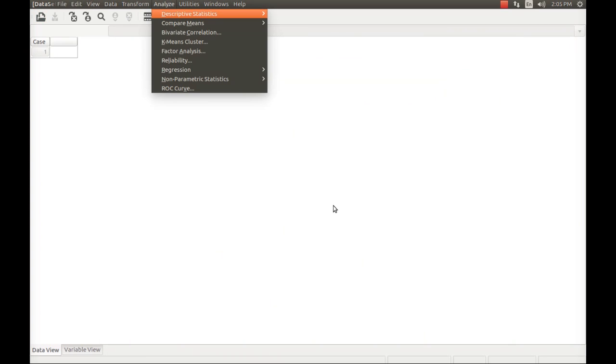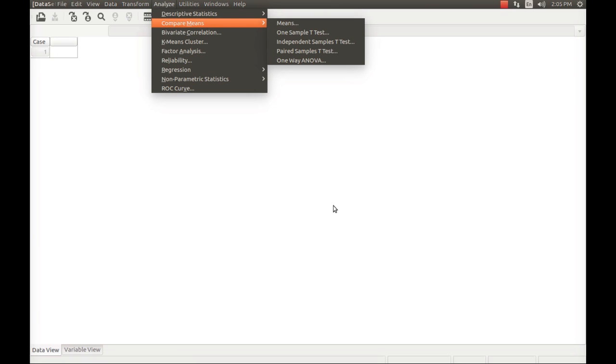You have a wonderful menu called Analyze, where you can do some descriptive statistics like frequency tables, descriptive analysis, and cross tabulation. You can also make some mean comparisons by performing one sample t-test, independent sample t-test, paired sample t-test, one way ANOVA, and so on.